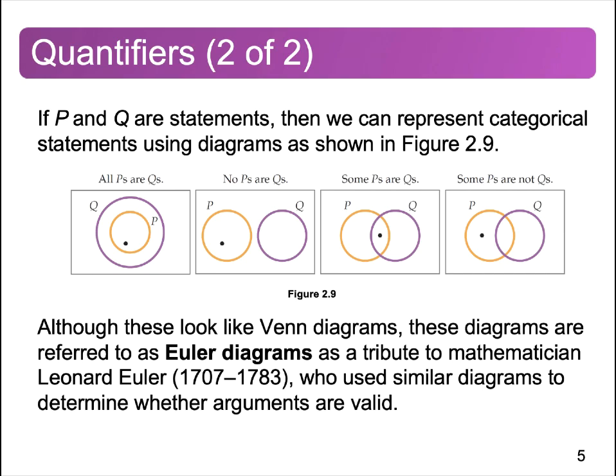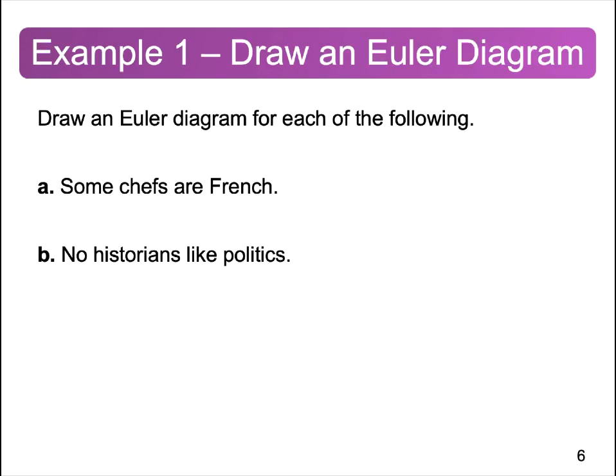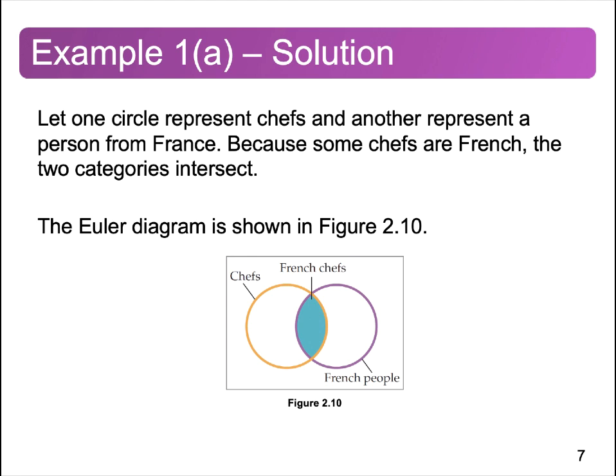So looking at an example here, if we wanted to draw an Euler diagram for the statement some chefs are French, then we would draw an overlapping Euler diagram where one circle represents chefs, one circle represents French people, and we know that there is some overlap, that some chefs are French.